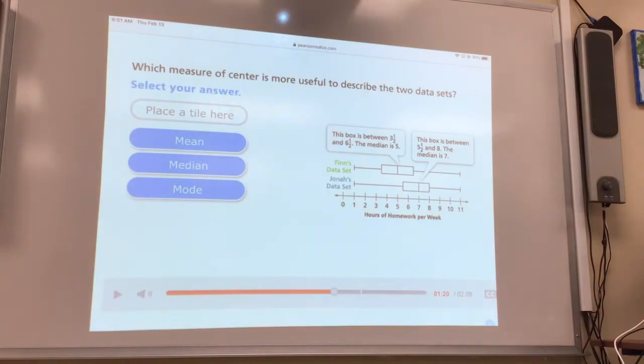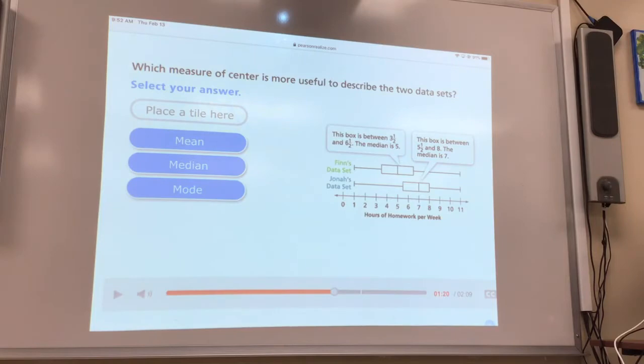If you have a box plot, which measure of center can you use? If what you're given is a box plot, which measure of center do you even have? I need more of you to listen to my question and come up with an answer.